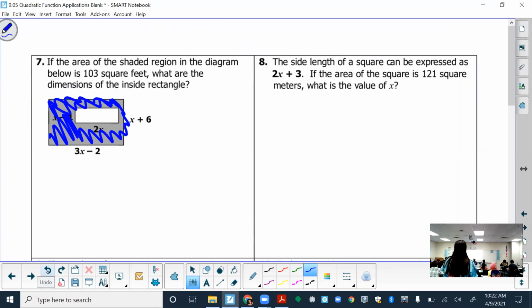That means that we had to figure out the area of the outside rectangle and subtract the inside rectangle. All right, so that's like 2 areas that you're finding, and then just subtracting them from each other. All right, but it's asking for the dimensions of the inside rectangle, so that's kind of like a longer problem.